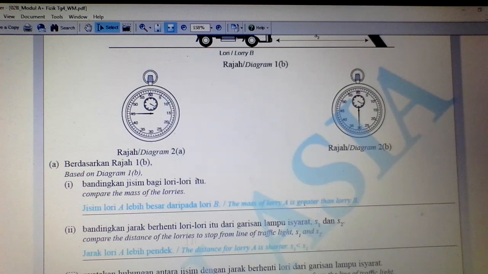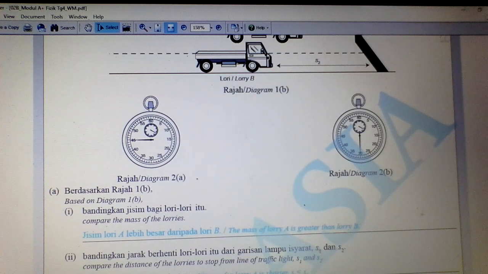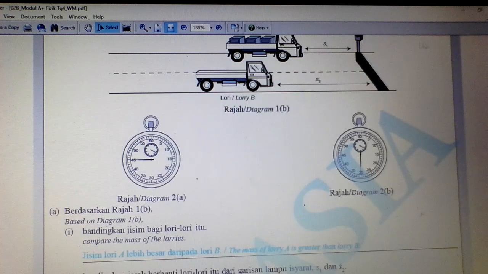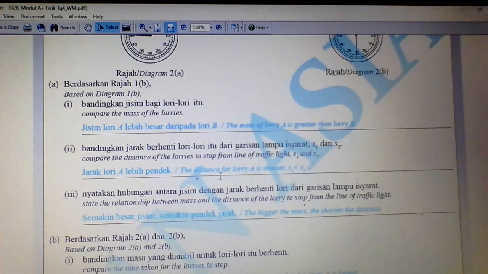Compare the distance of the lorries to stop from the line of the traffic light, S1 and S2. The distance of lorry A to stop from the traffic light, S1, is shorter than S2.